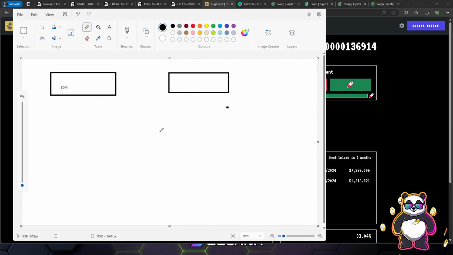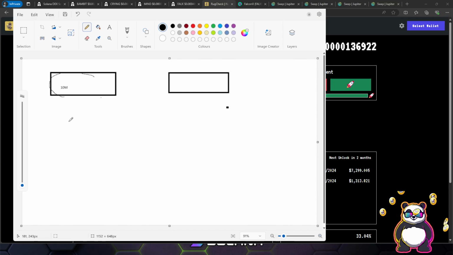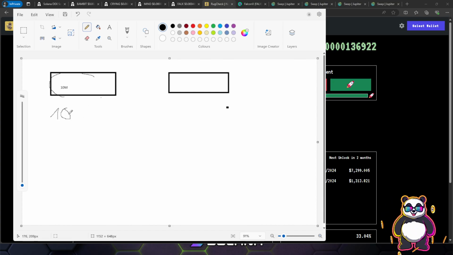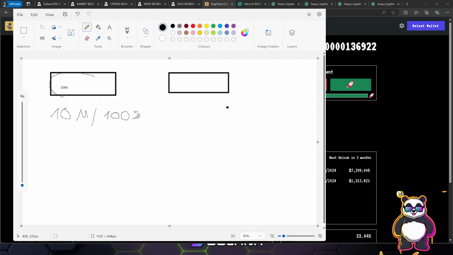And when we add these tokens and pair them, let's say with Solana or USDC or USDT, doesn't matter, when we add that to a DEX, let's say to Raydium, imagine a scenario, we put 10 million tokens, 100% supply, and it's paired with 100 Solana.